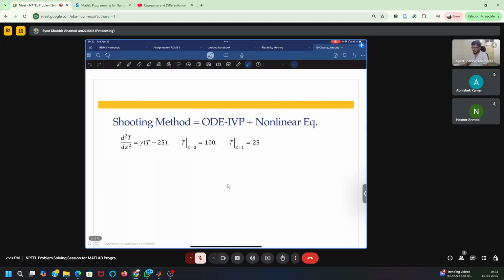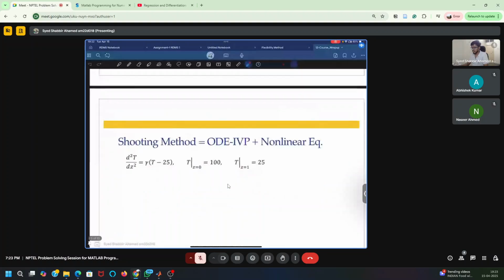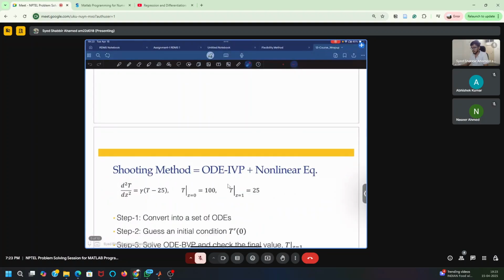And these are just a few examples. We have seen that while we were solving this ODE boundary value problem, we converted a boundary value problem into an initial value problem in the shooting method.